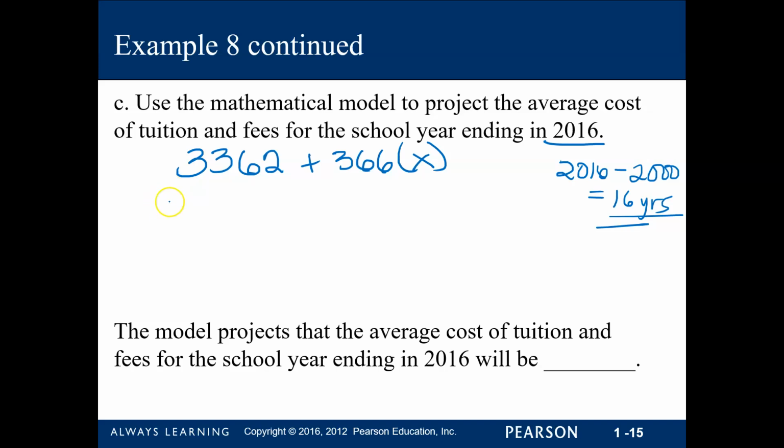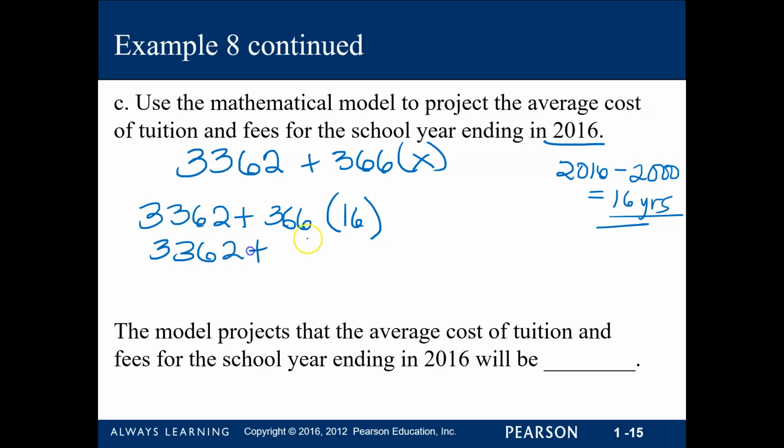So rewriting the expression, this is 3,362 plus the yearly increase of 366 over 16 years. You can use your calculator to work on this. We will get 3,362 plus 366 multiplied by 16. That is a total of 5,856. And if you add these two, you will end up getting around 9,218.